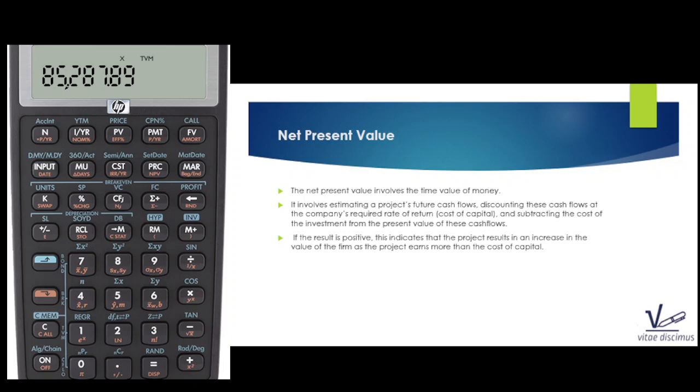Net present value involves the time value of money, and it involves estimating a project's future cash flows, discounting these cash flows at the company's required rate of return or cost of capital, and subtracting the cost of the investment from the present value of these cash flows. If the result is positive, this indicates that the project results in an increase in the value of the firm as the project earns more than the cost of capital.